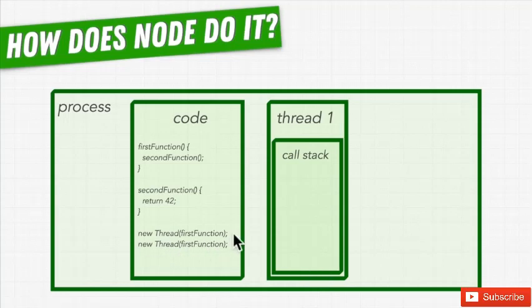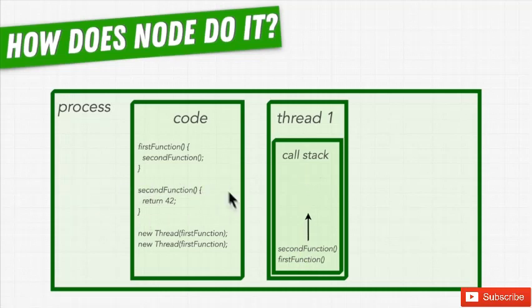So in our first thread here, we start with the first function, which is added to the top of our empty stack. And then the first function calls the second function, which gets added to the stack. And if second function made any other calls, they would be continuously added on in sequence.